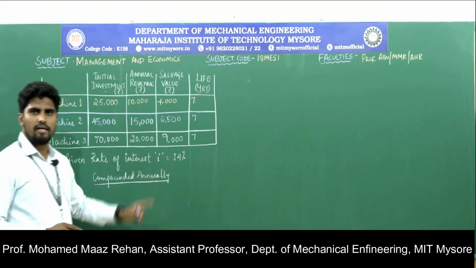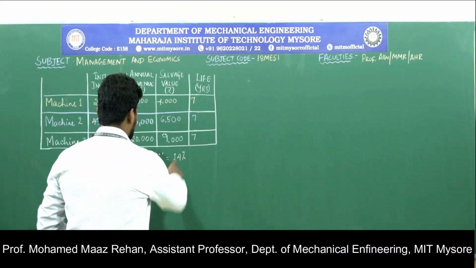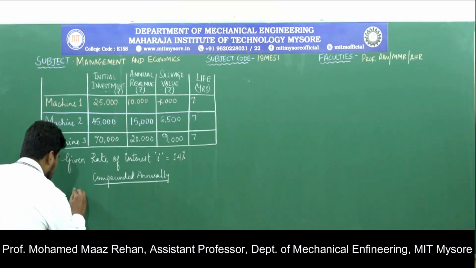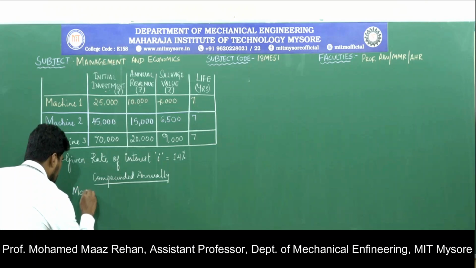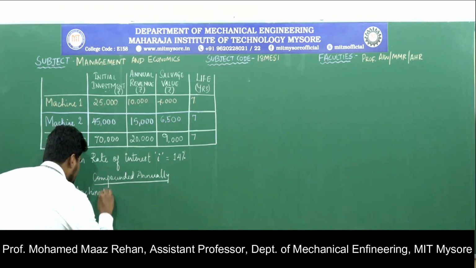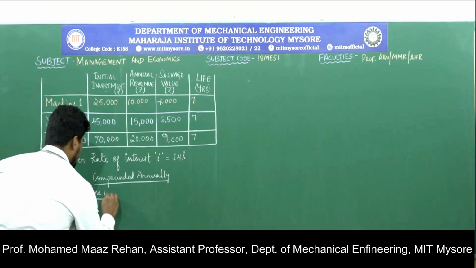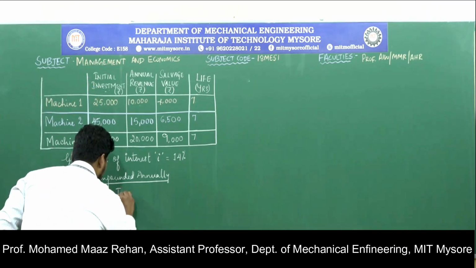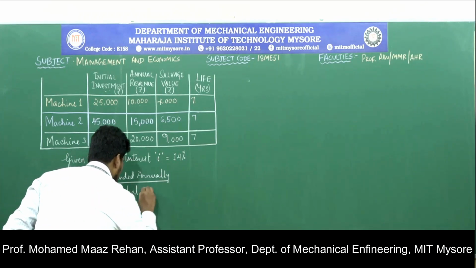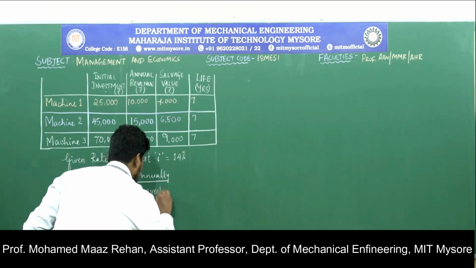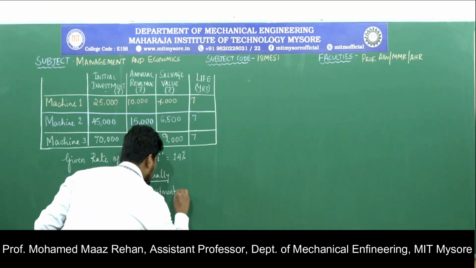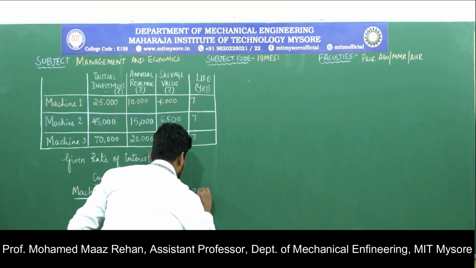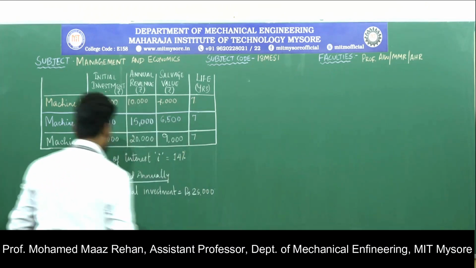Given, the interest rate is 14% compounded annually. For machine 1, what is the initial investment they have given? The initial investment for machine 1 is rupees 25,000, correct?